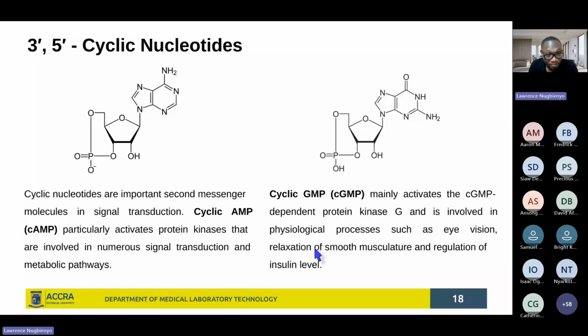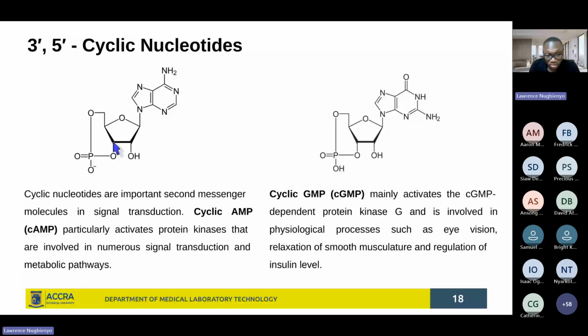And why cyclic? Cyclic because you can see the phosphate group, which is on carbon number 5 here, has looped and formed some intramolecular circular structure with, say, carbon number 3 there. That's why you see in front of it 3 prime, 5 prime, because that cyclic structure is formed between carbon number 5 and carbon number 3 of the sugar.